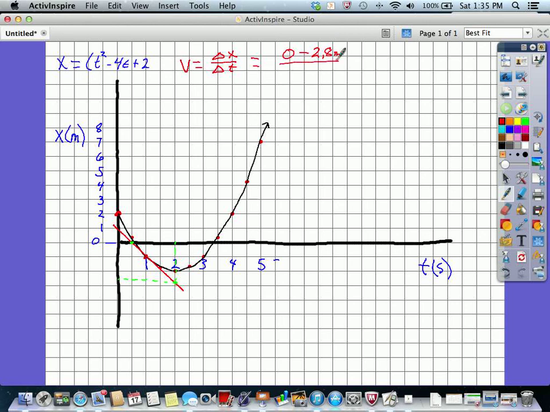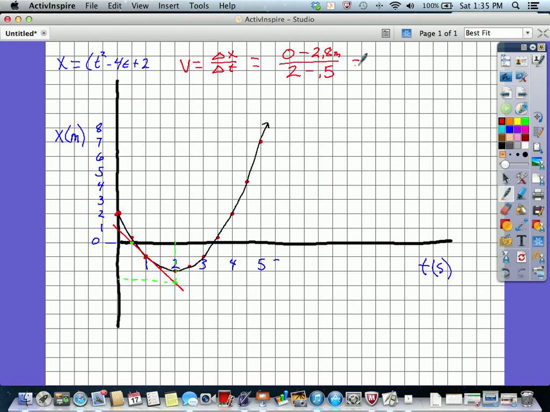Time-wise, where were we at? Well, we ended at 2 seconds, we started at 0.5, so we got about 2 minus 0.5. Started at 0.5, ended at 2, about there.